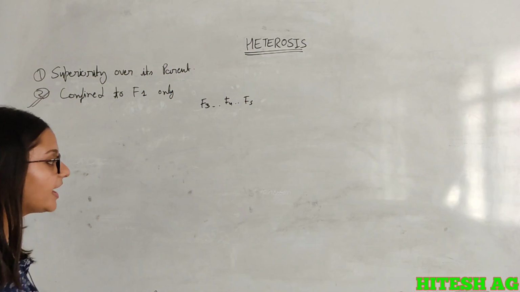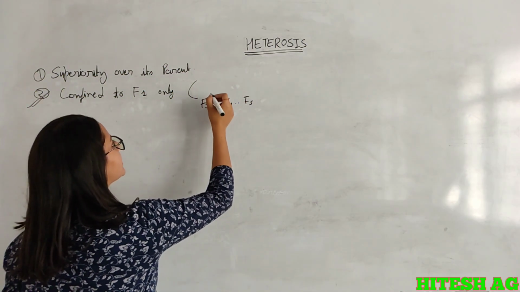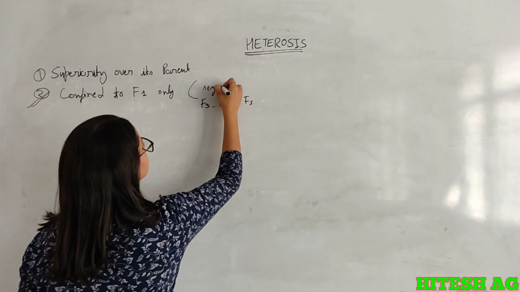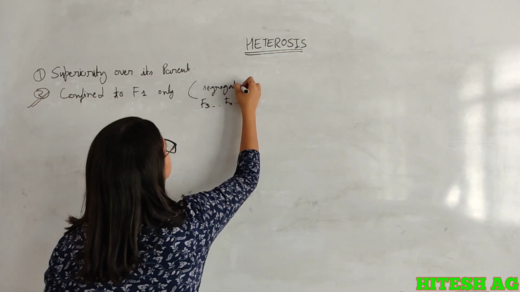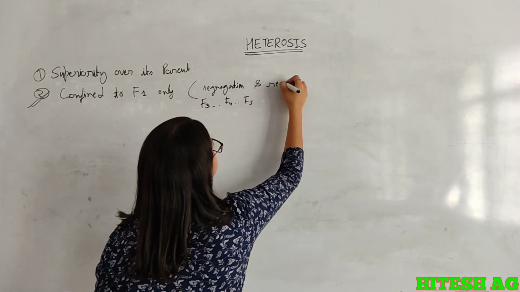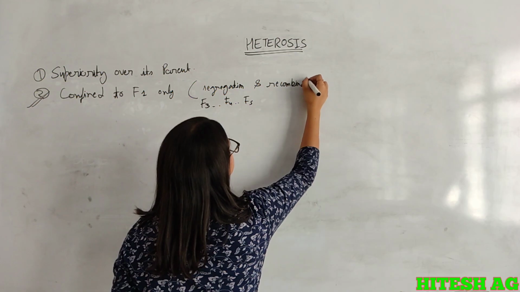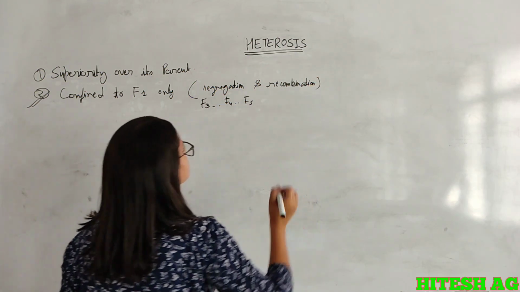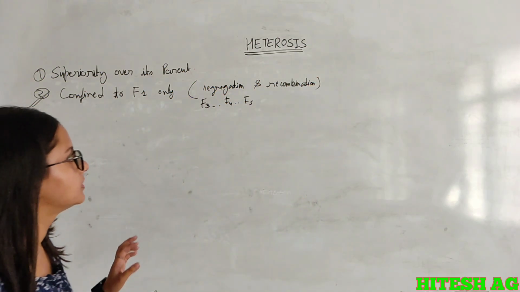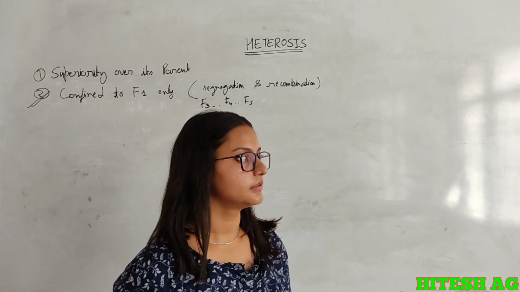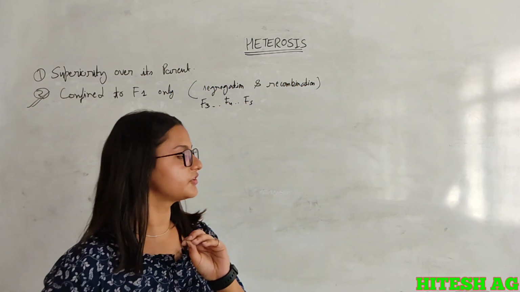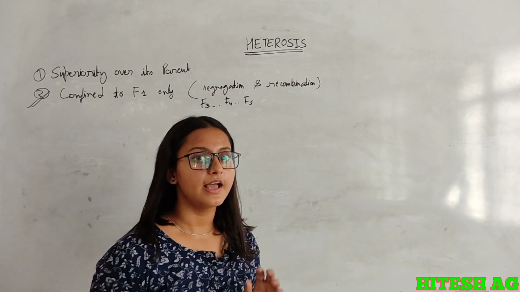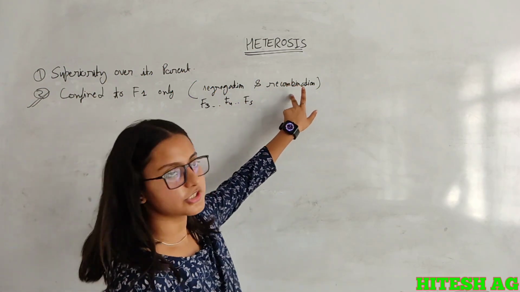All right. And why? The reason behind is segregation and recombination. As you might all know, for gamete formation the division happens, which is meiosis, and in meiosis recombination occurs.